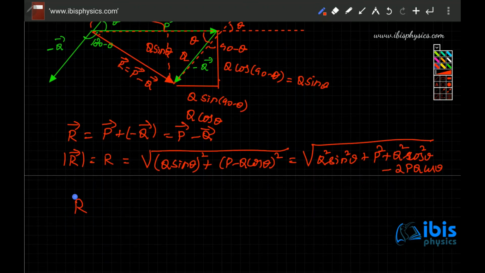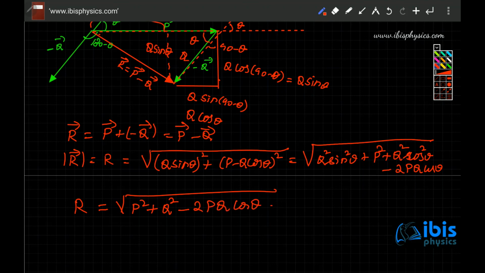Then the resultant of the difference between two vectors is equal to square root of p square plus q square sine square theta plus q square cos square theta minus 2pq cos theta. If you take q square out, sine square theta plus cos square theta is 1. So it is p square plus q square minus 2pq cos theta.